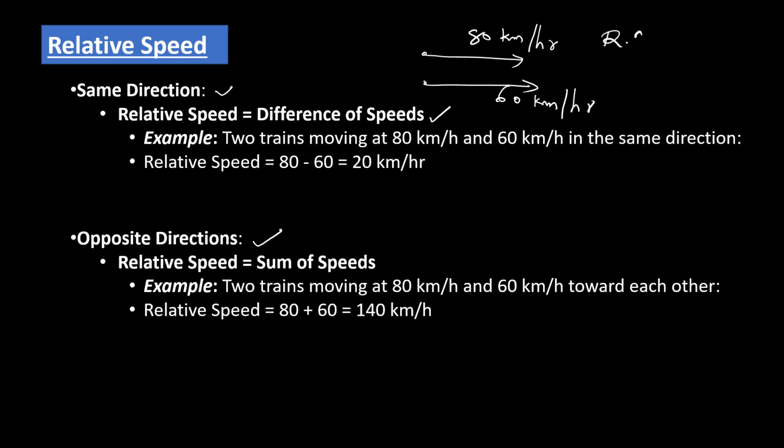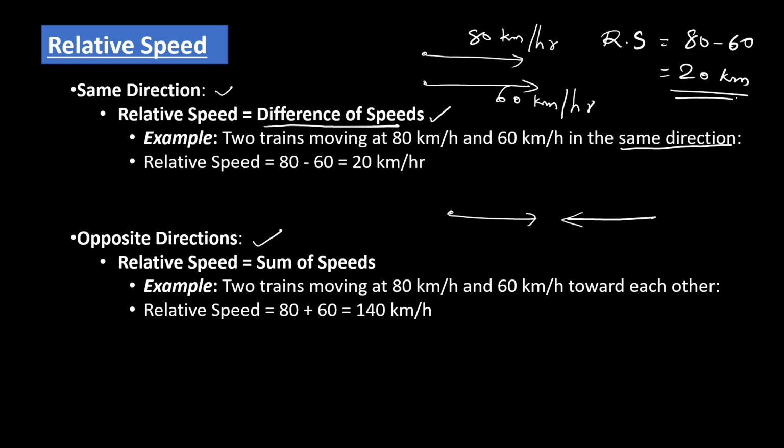That is, relative speed is equal to 80 minus 60, that is 20 km per hour. So when the trains are moving in the same direction, the relative speed will be the difference of their speeds. And now if the trains are moving in opposite direction, that is train A in this direction and train B in the opposite direction.